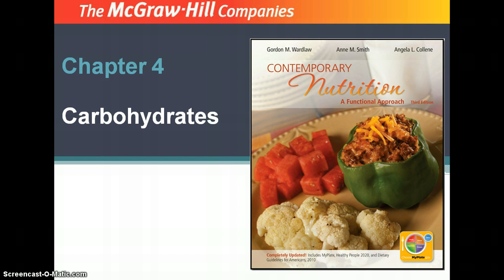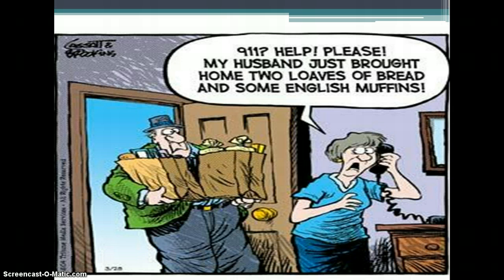It's one of my favorite nutrients to discuss because I think it's one in which there's a lot of confusion, a lot of maybe fallacies, myths, truths that are spread about carbohydrates, primarily because we live in a, by and large, anti-carbohydrate society or culture, as this cartoon from a few years back demonstrates and illustrates.